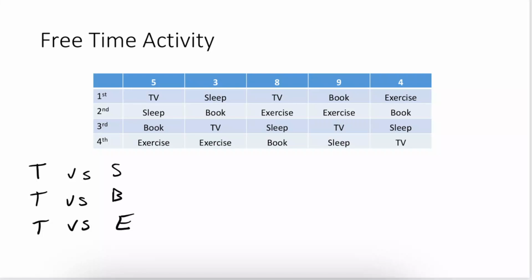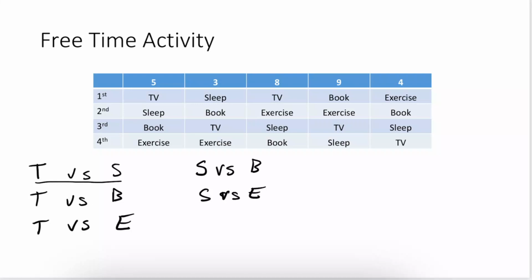Then I'll want to do the same thing for the next activity. So I'll say, okay, well, I've already got sleeping versus TV because that was listed here. So I can do sleeping versus reading a book and sleeping versus exercising. And those are 2 new pairs that I haven't done before. And then I'll move on to my next one, reading a book.